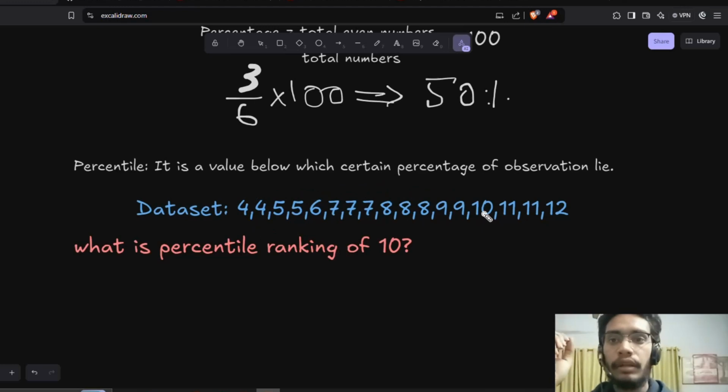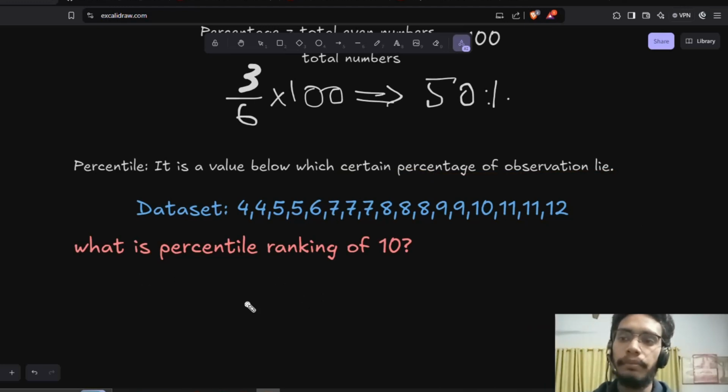What does that mean? This is the number 10, and these are the values that are below this number 10, below this observation, right? So if I read my definition again, it is a value below which a certain percentage of observations lie, right?